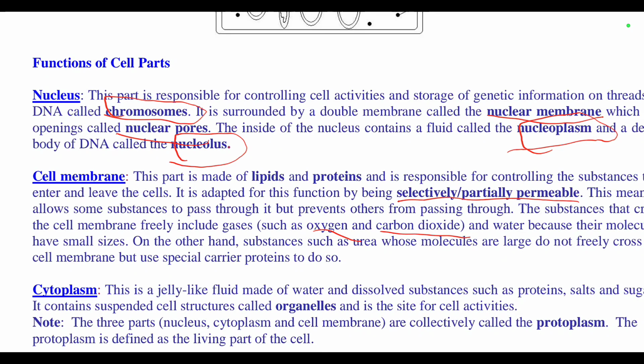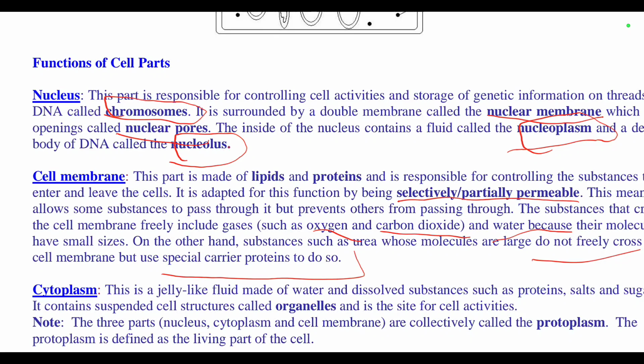These are the gases, and also water, because the molecules of water are small in size, they can also cross the cell membrane. On the other hand, substances such as urea, whose molecules are large, do not freely cross the cell membrane, but use special carrier protein to do so.